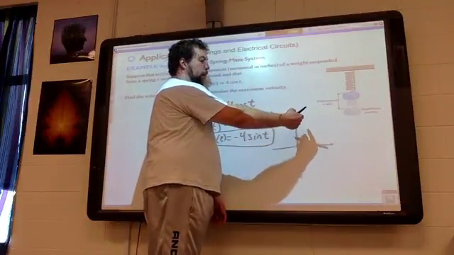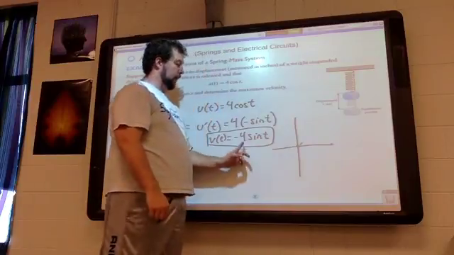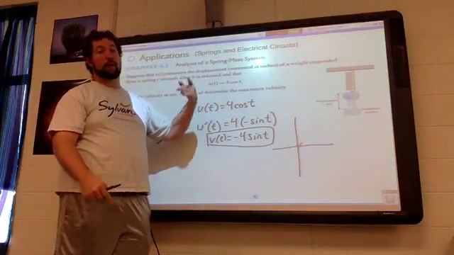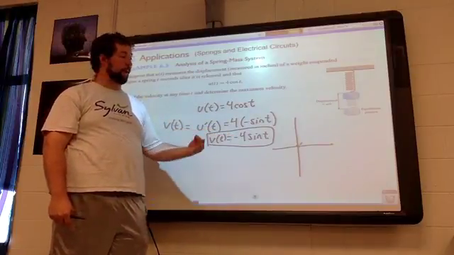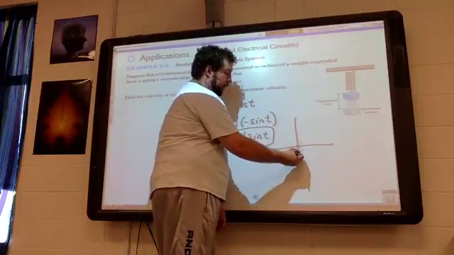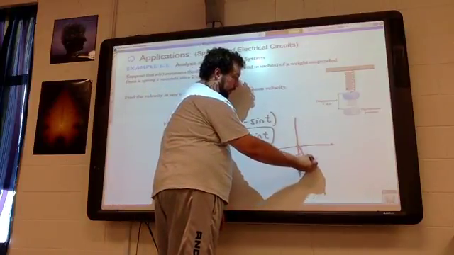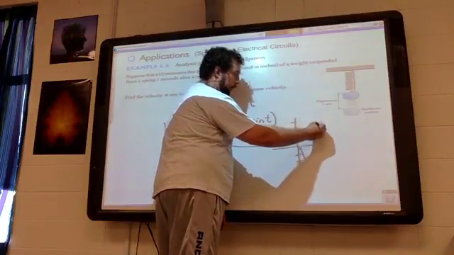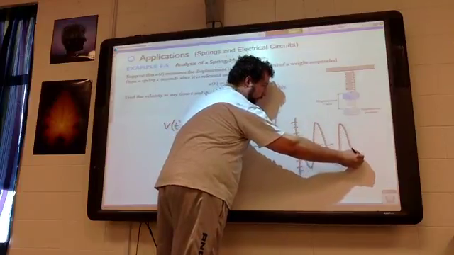Normally it would go up to 1 and then down to negative 1, then up to 1, then down to negative 1. But the negative means it's going to go down first and then up. And the 4 tells me the amplitude, so how far up and down it goes. So this is going to go down to negative 4, then up to positive 4, and then down, and then up, and then down, and then up.